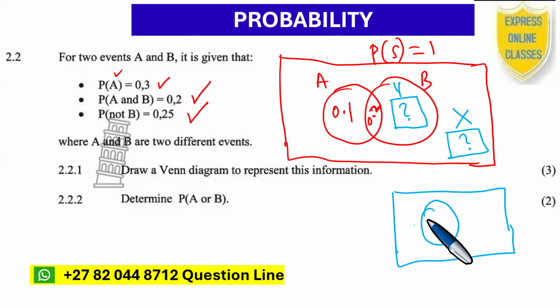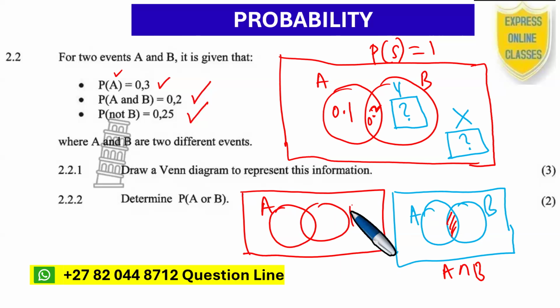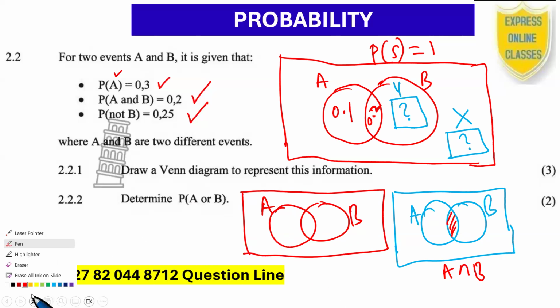If this is A and this is B. So this would mean A and B. Then when you talk about not B, it would mean this.